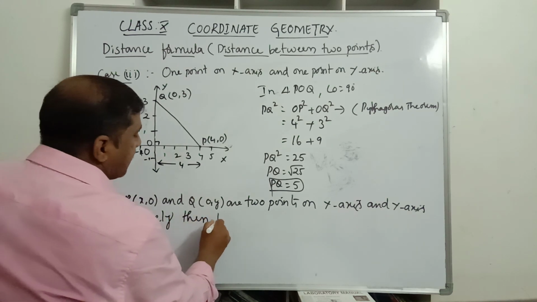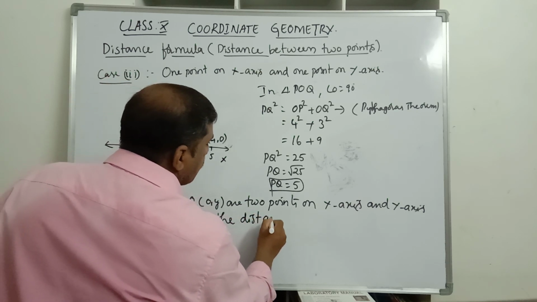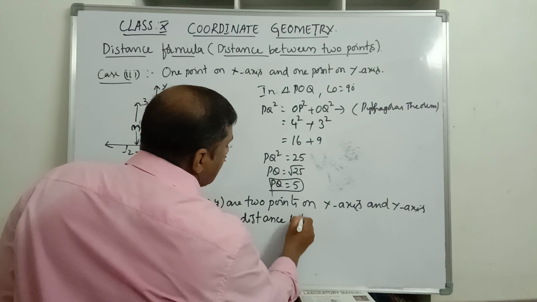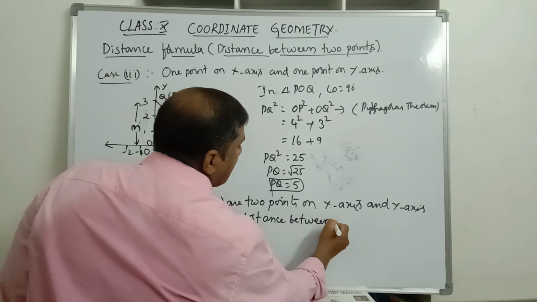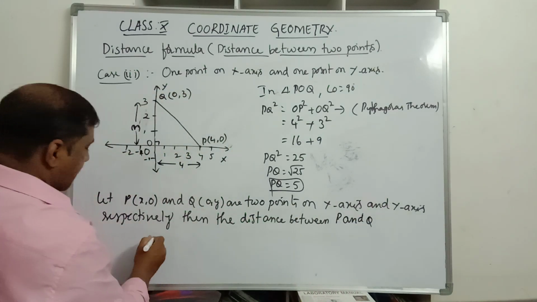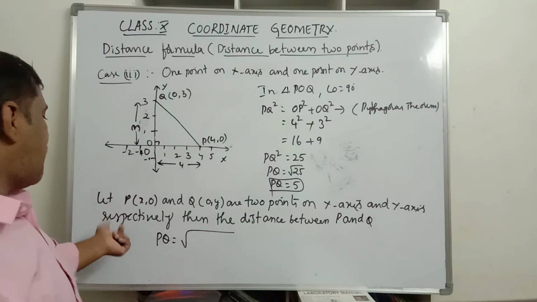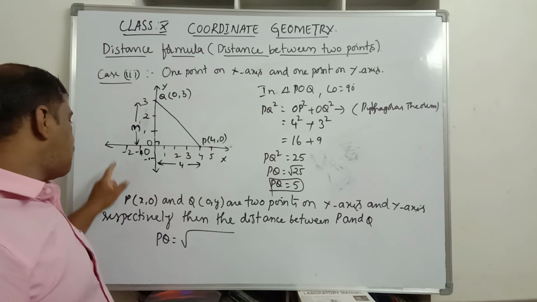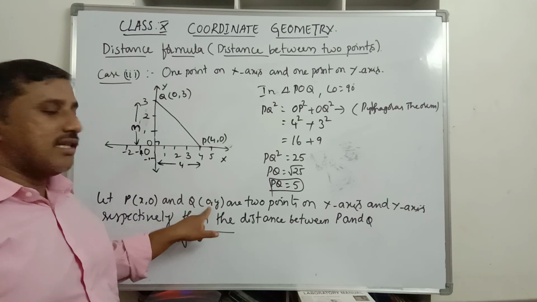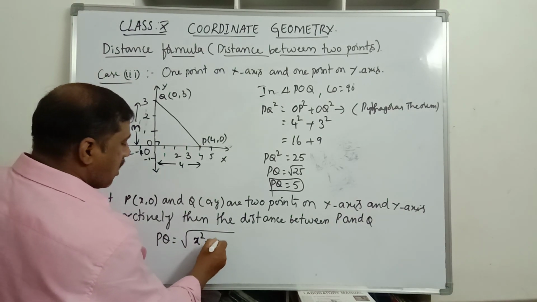Then the distance between the points P and Q is represented by PQ, which is equal to the square root of, what is the distance from origin to point P? It is x units and this is y units, so it is x square plus y square.